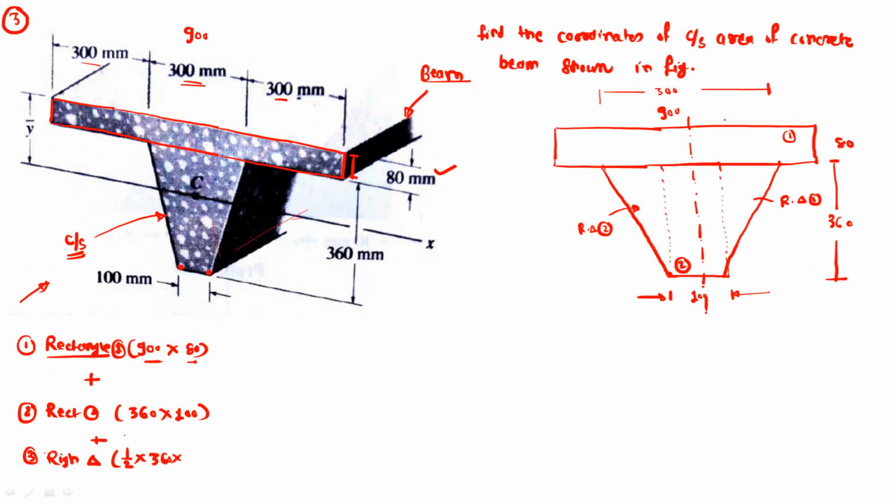Okay. So from 300, you subtract this 100. So remaining is 200. So this will be 200 by 2, so this is 100 and this is 100. Okay. So the area of that right angle triangle will be 1 by 2, 360 into 100.